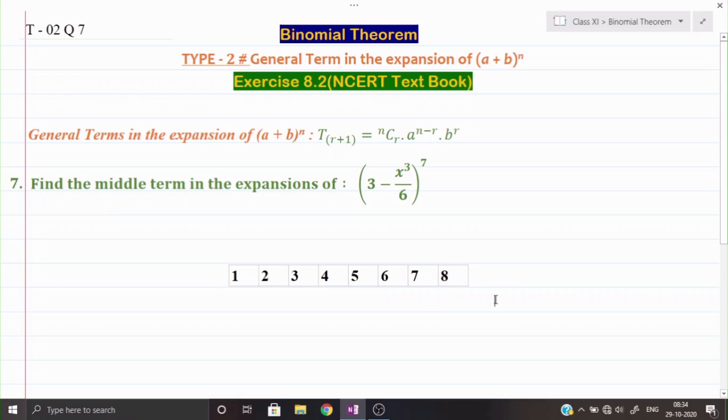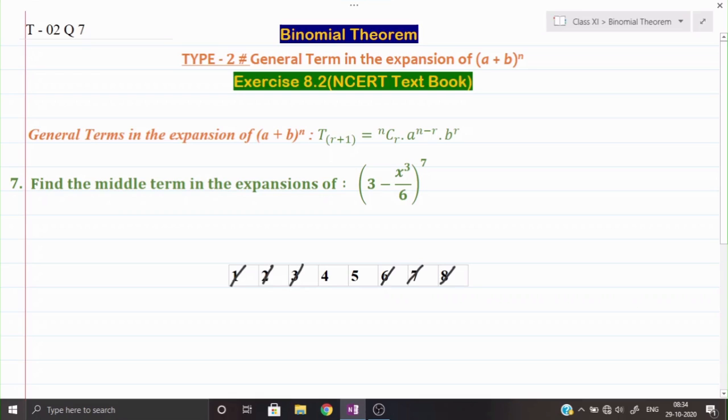Normally the index will be given around 10 to 15, so you can find it manually also. There is no formula required. For example, suppose I cancel one term from one end, then here also I will cancel one term. Similarly again I cancel one term, here also I cancel one term. Again I cancel one term, and here also again one term.